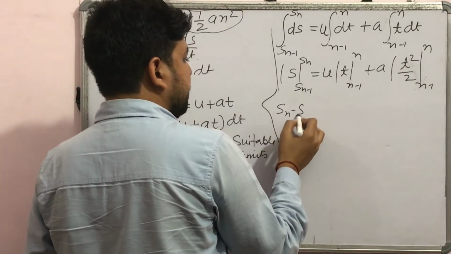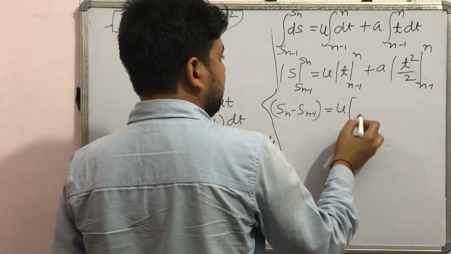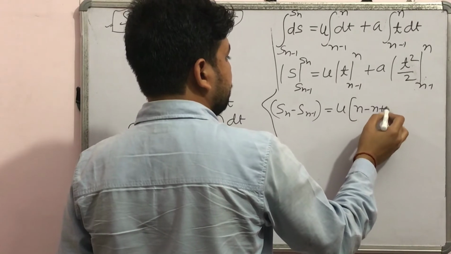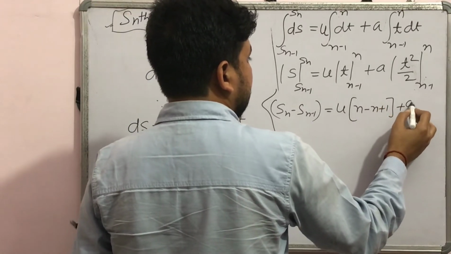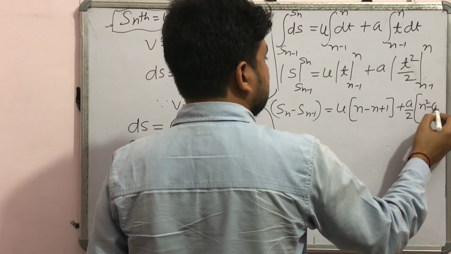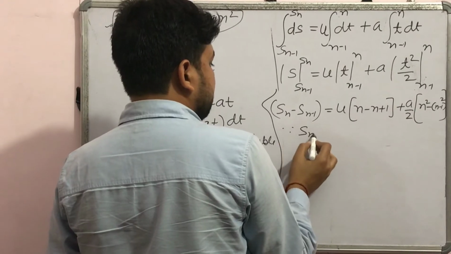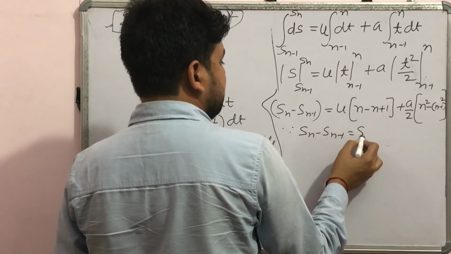This will be Sn minus Sn minus 1, upper limit minus lower limit. This will be n minus n plus 1. This will be a by 2 n square minus n minus 1 the whole square. Sn minus Sn minus 1 is s nth.